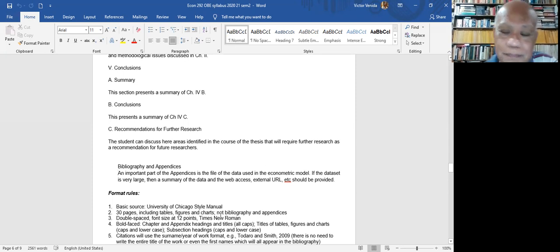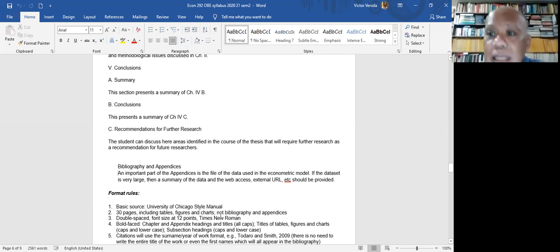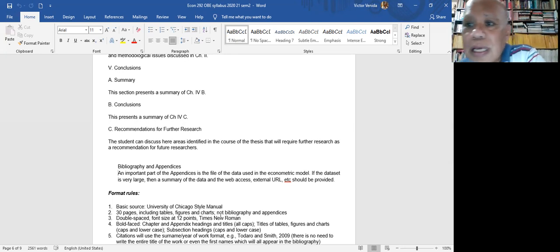Okay, and also additional data in the appendix would be those data that were used in your review of literature and the policy issues. Again, keep in mind, what you present in the body would be tables, figures, charts, and illustrations that fit one page, which is why you have to collapse and analyze your data. Okay? So all the other data you can present in the appendix.